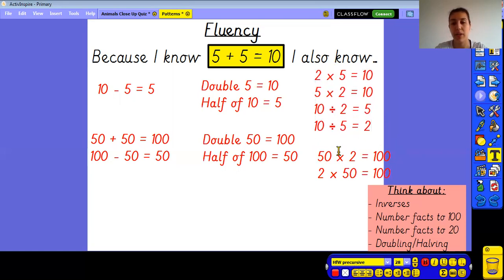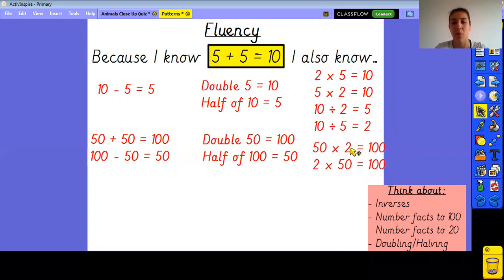And equally here, we could go on to then say that 100 divided into 2 groups would be 50 in each group, or 100 divided into groups of 50 would equal 2 groups.